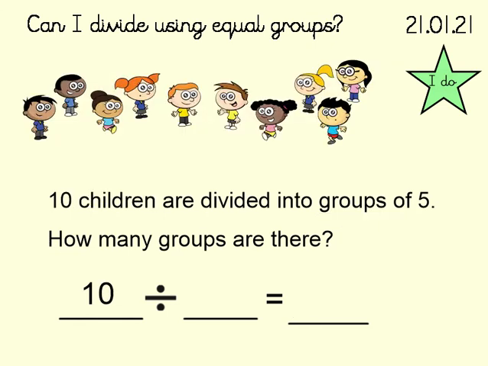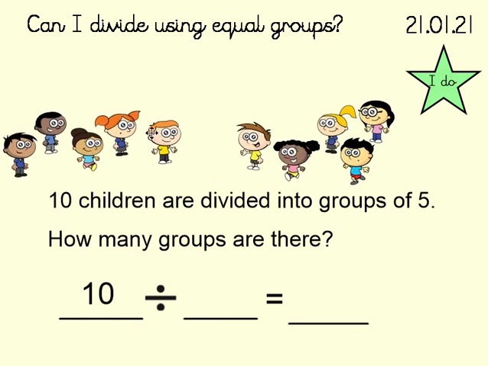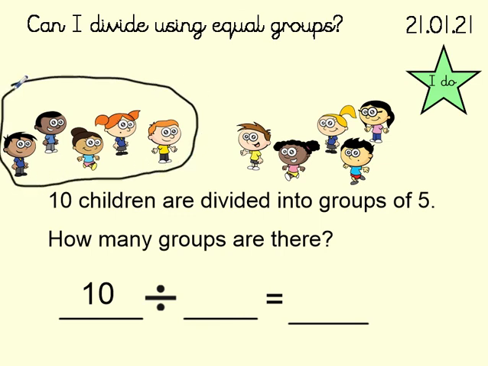Let's have a look at another one. I've got 10 children here, and 10 children are divided into groups of 5. Here's one group of 5. Here's another group of 5. Can you see? 10 children divided into groups of 5. How many groups are there then?